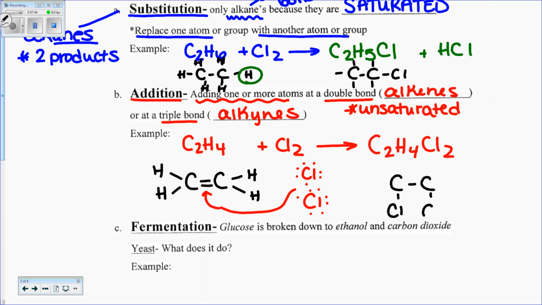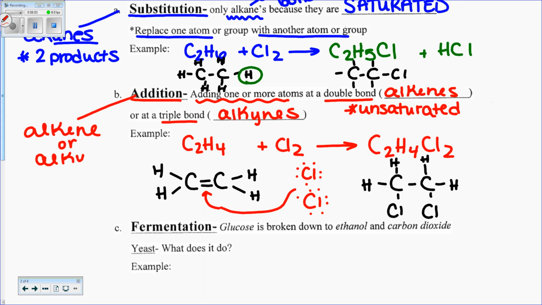My Cl's have jumped on, but I still have those H's that I had before, so I didn't lose those. So in an addition reaction, I'm always looking for an alkene or an alkyne, because I want them to be able to take something else on.